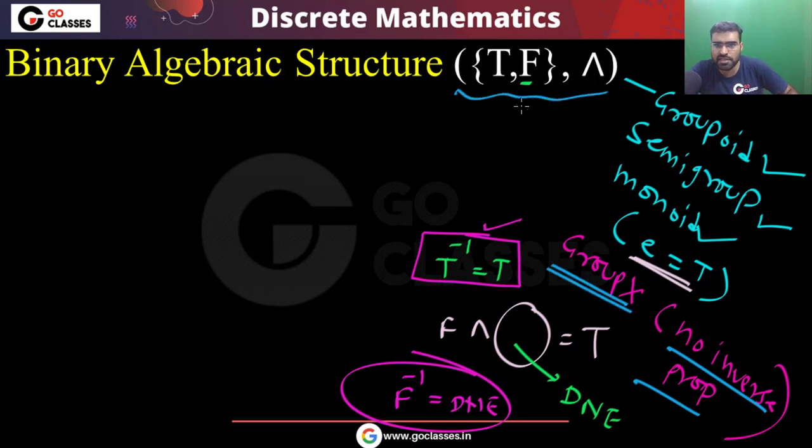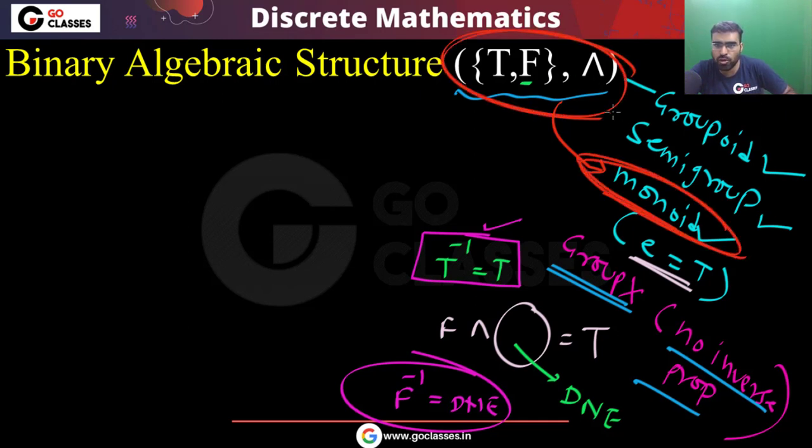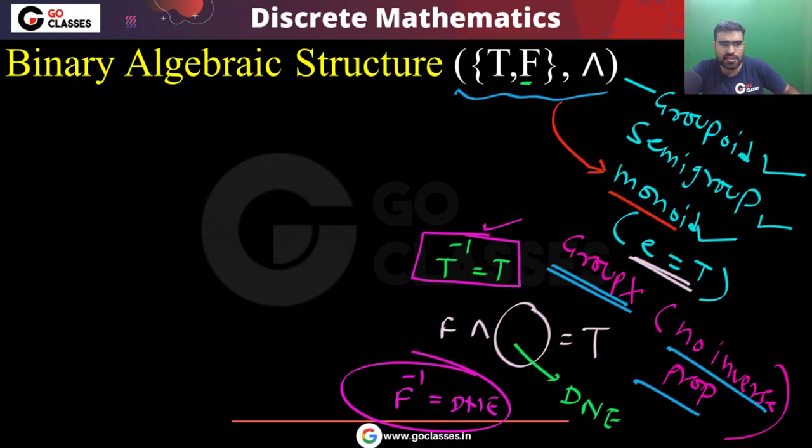So ultimately this structure is a groupoid, a semi-group and a monoid. Or I can simply say this structure is a monoid, because every monoid is a semi-group and every semi-group is a groupoid. So the answer for this structure will be monoid.